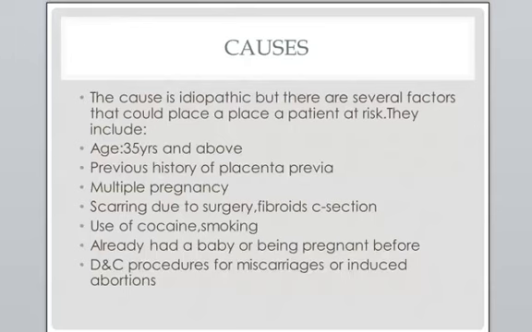If a patient has had surgery before, like a myomectomy or cesarean section, if there is a scar, the placenta will not want to locate itself there. One thing about the placenta is that during the first pregnancy, it is situated in a particular place.